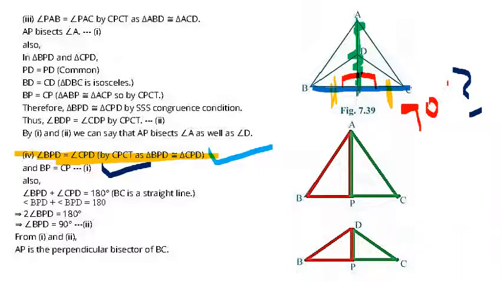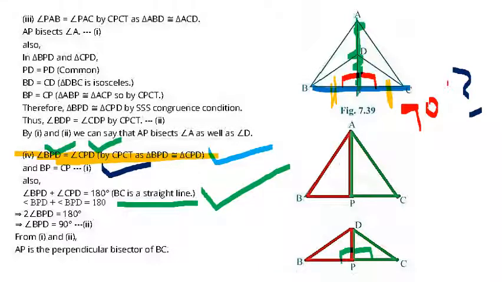I said that angle BPD plus angle CPD equals 180 degrees. Where are these two angles? Here it is. This angle is BPD and this angle is CPD. I said that their sum is 180 degrees. You can call it a linear pair, or you can write down, because BC is a straight line, their sum will be 180 degrees. Now we know that these two angles are equal.